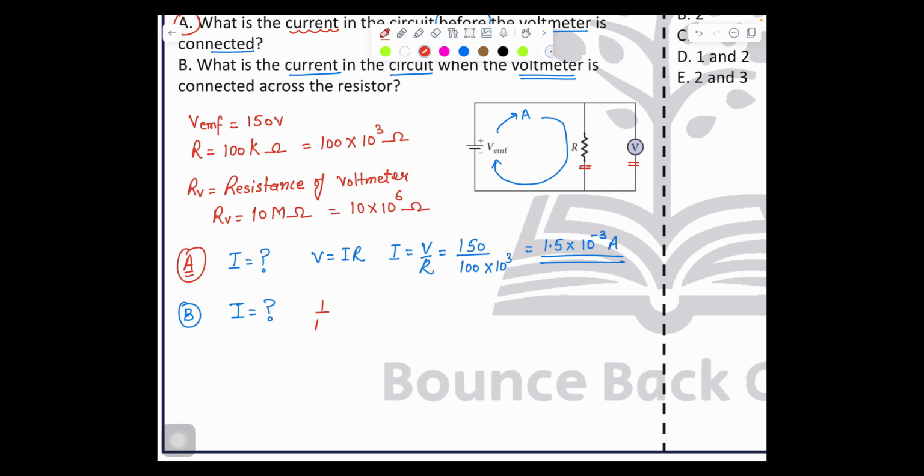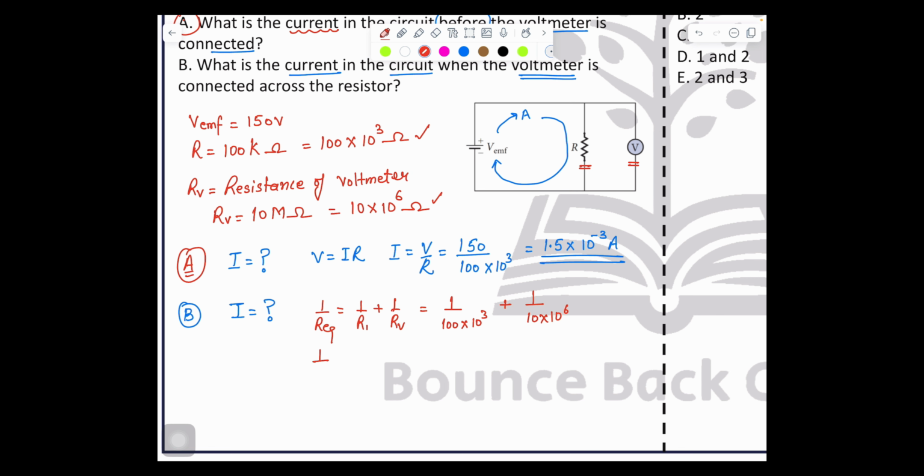So 1 over R equivalent is equal to 1 over R1 plus 1 over RV, the resistance of the voltmeter. Solve them: 1 over 100 multiplied by 10 power 3, plus 1 over 10 multiplied by 10 raised to power 6.